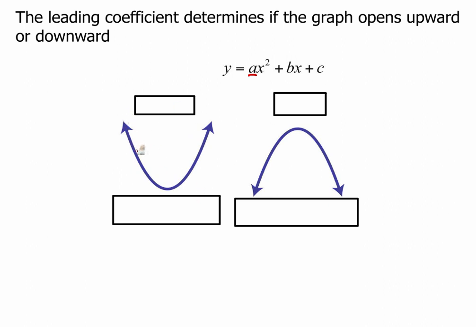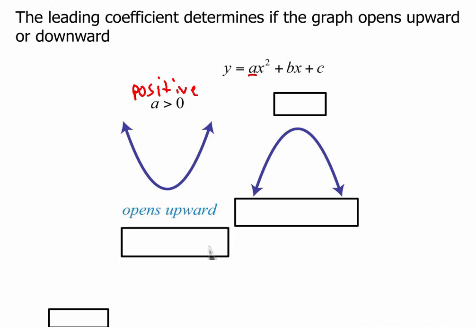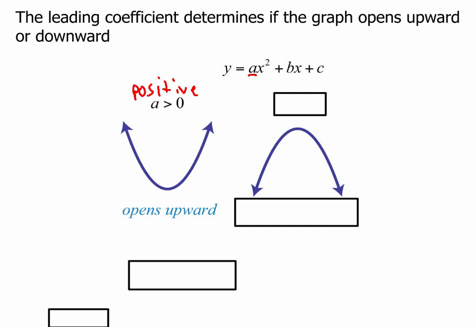Here I've got a graph that opens upwards, so the two arrows at the ends of our graph are pointing up. In this case, a is going to be a number bigger than 0. In other words, a is positive. A positive leading coefficient makes the graph open upward.